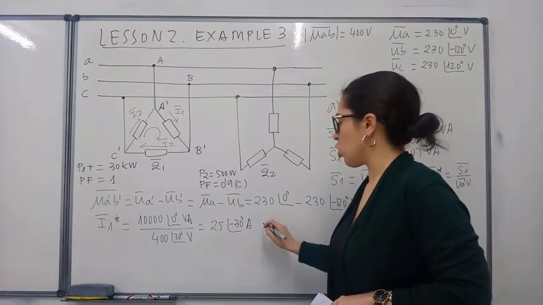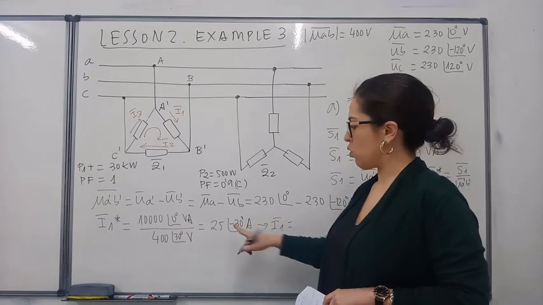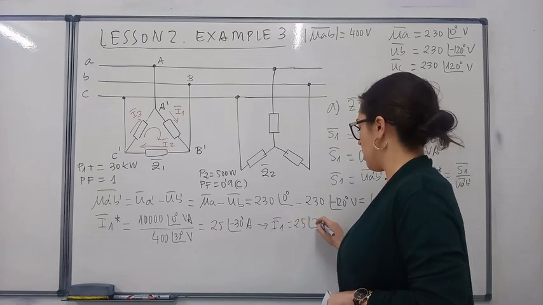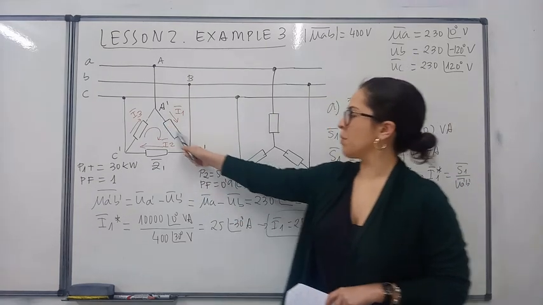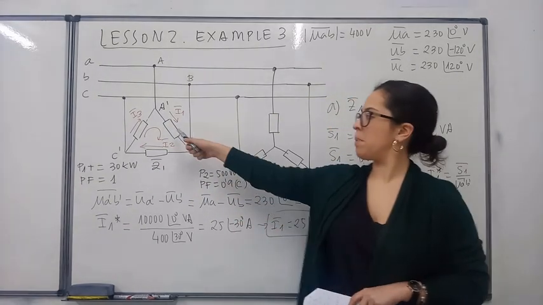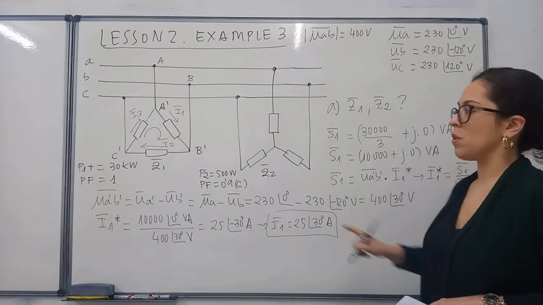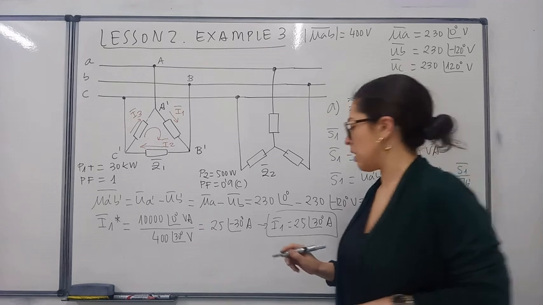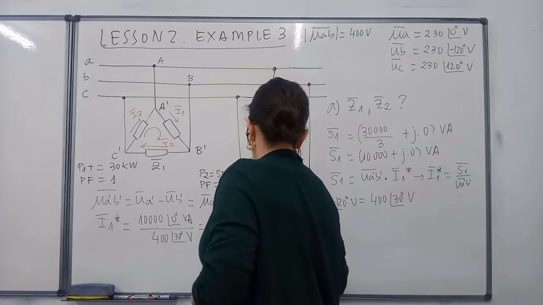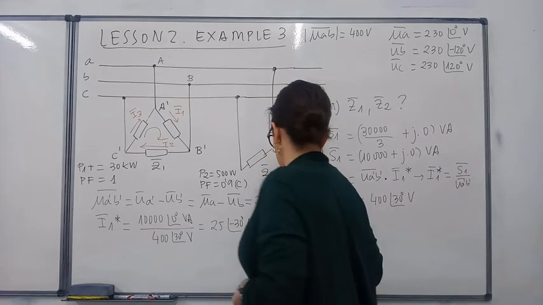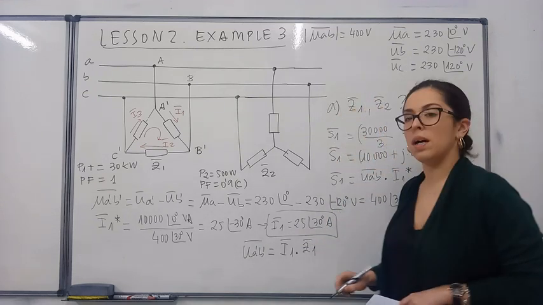Remember that this is the conjugate of the current. So, to get the current, you have to change the sign of the angle. So this is the current that flows through this side of the delta and passes through this load. If we apply Ohm's law to that load here, voltage AB prime would be the same as current 1 multiplied by impedance 1.